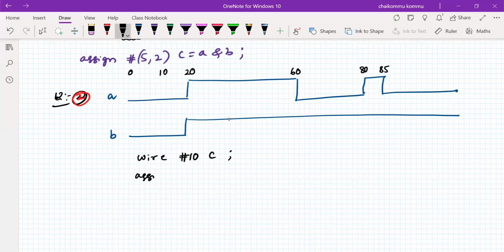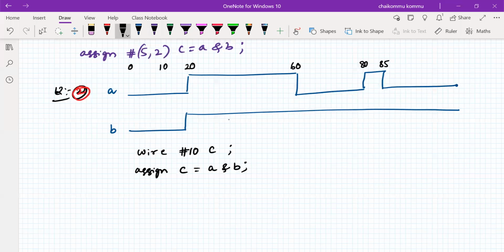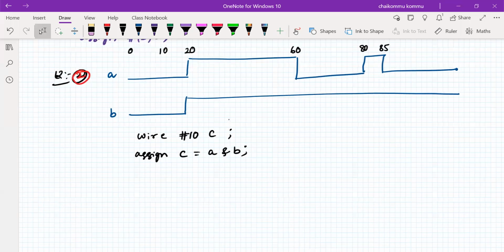Assign C is equal to A and B. Okay. Now let us write the output for this one. What is the output for this one? Any guess? So it starts at 0, right? The C value is something like this.